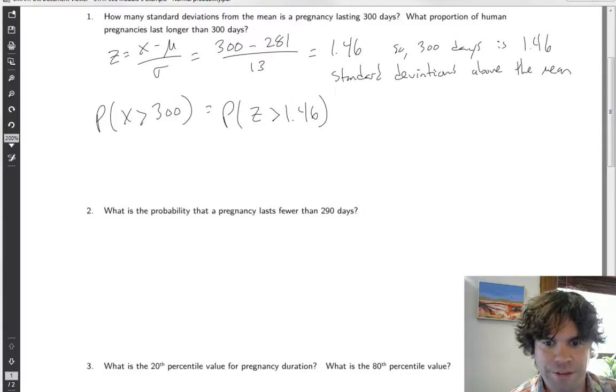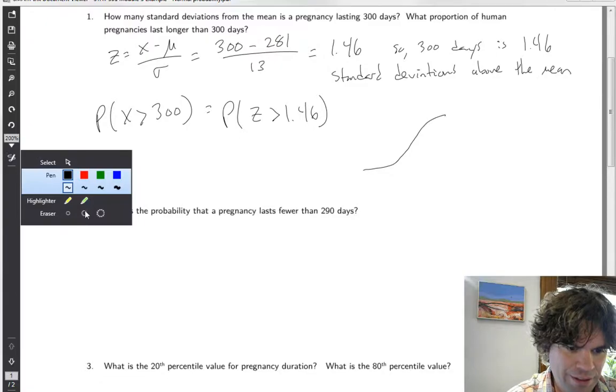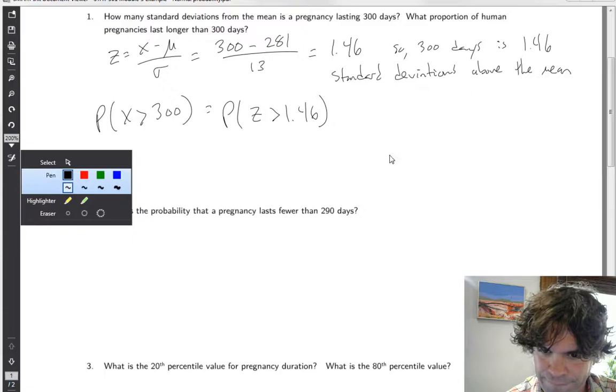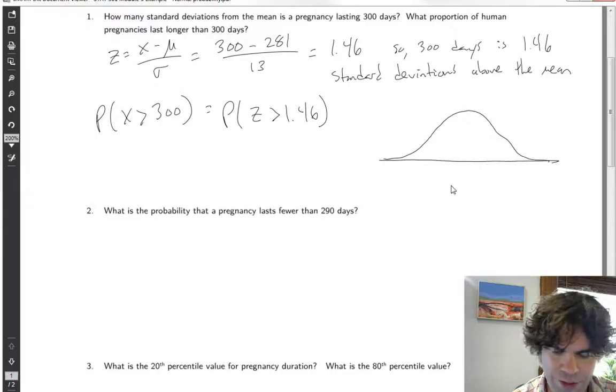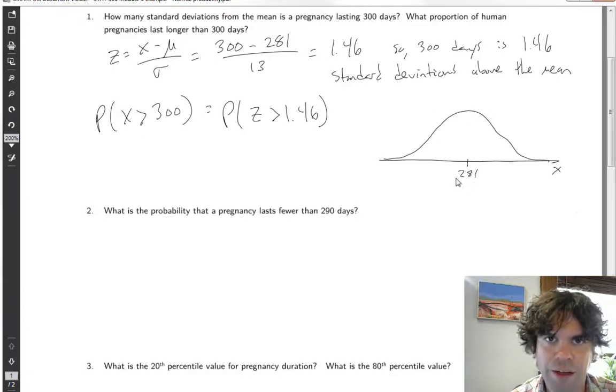I'll go ahead and draw the picture first. It's always nice to be able to draw a picture of these things before you go doing your calculations. So there's my normal distribution, and what we had, I'm going to write it as x first. So x is pregnancy length. It has a mean of 281, and we took 300 and we converted it.